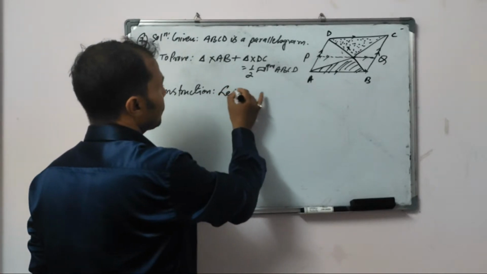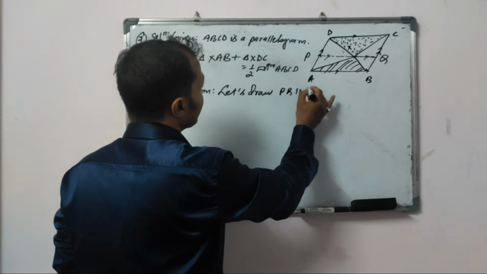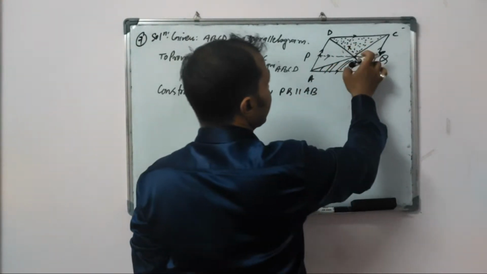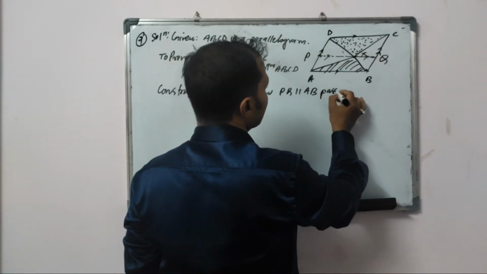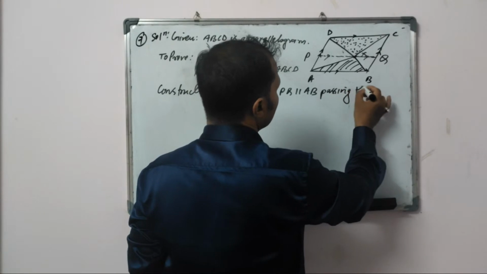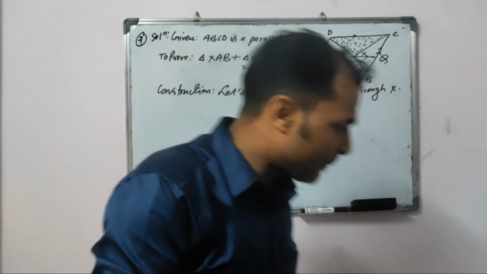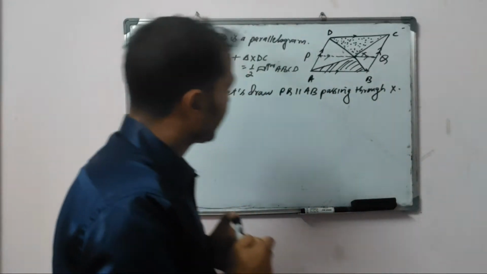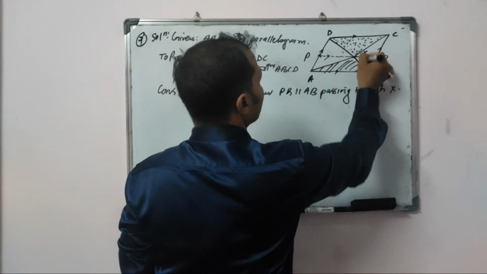Let's draw PQ parallel to AB, but it should pass through X. Here is the point X. Don't be confused. Passing through X. Now, once that is done, look.